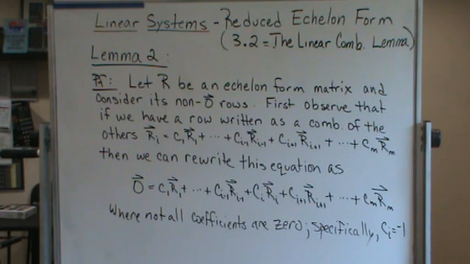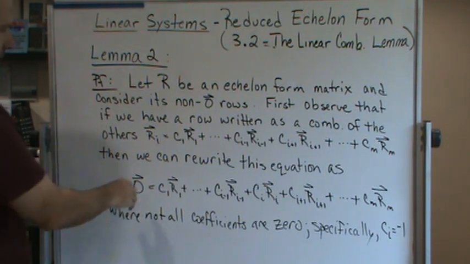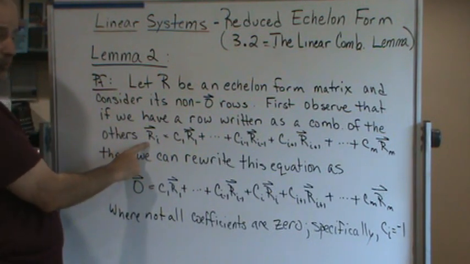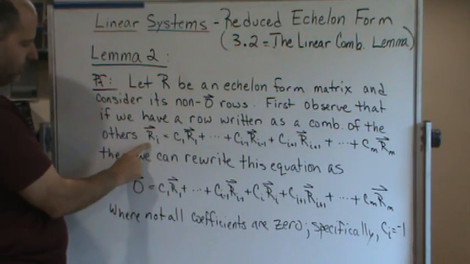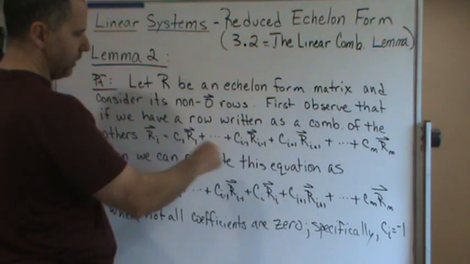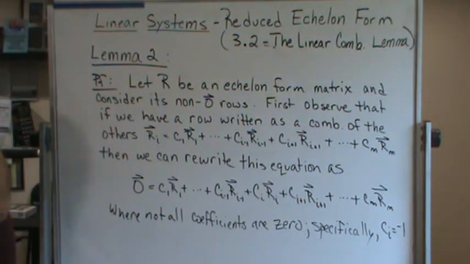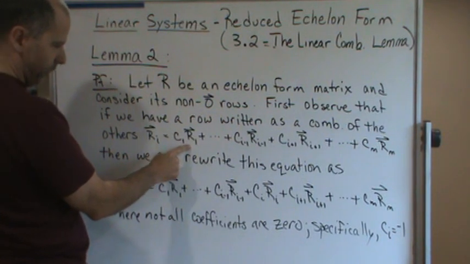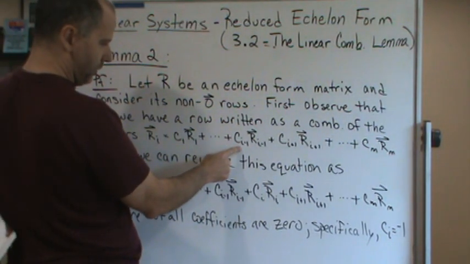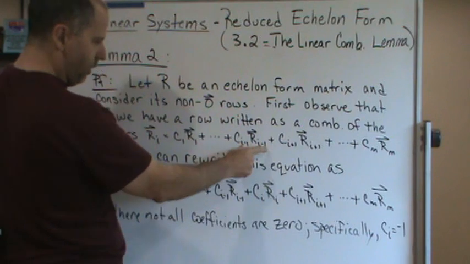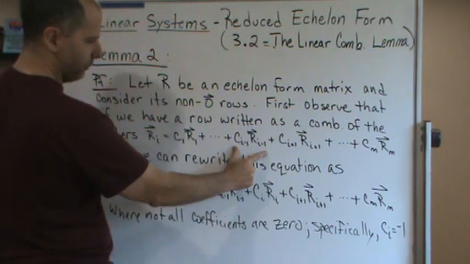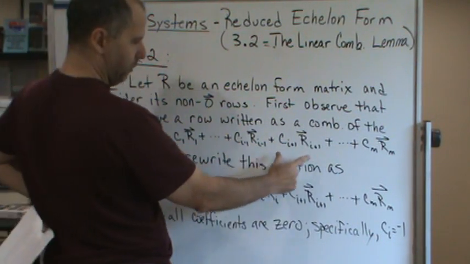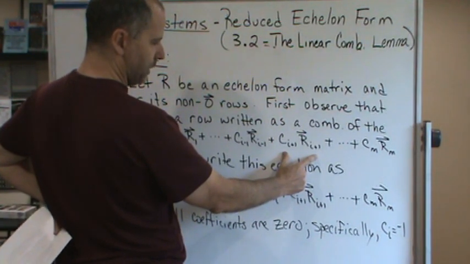First, observe that if we have a row written as a combination of the others, for example, let's say we have some row vector that's written as a linear combination of the other rows. So we have C1 R vector 1 plus all the way up to R sub I minus 1, this term for I minus 1 plus this term which is I plus 1.